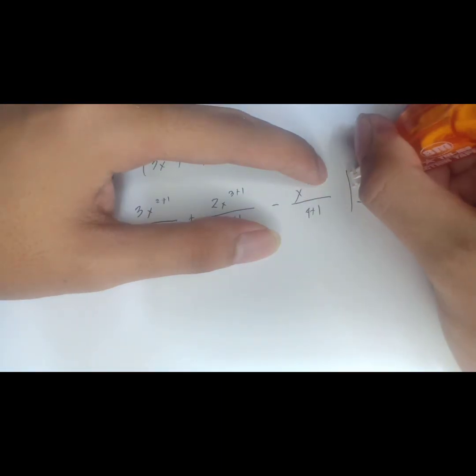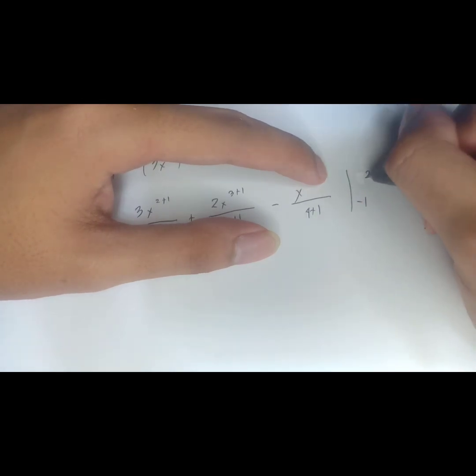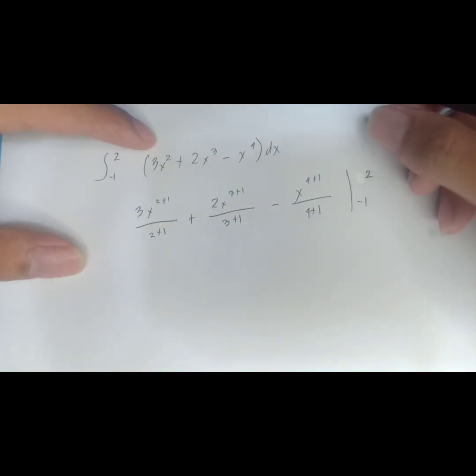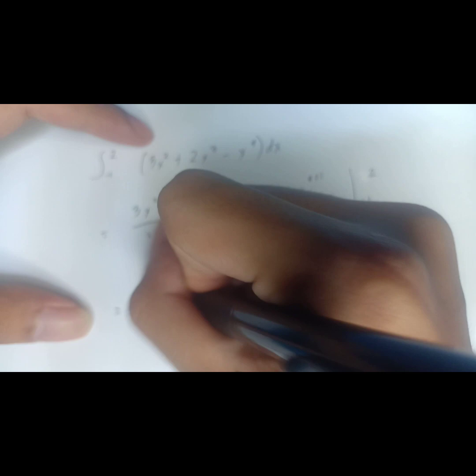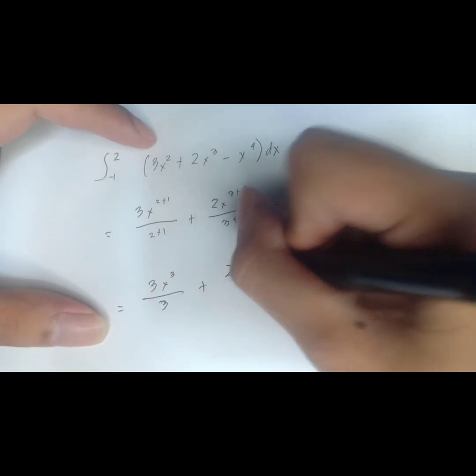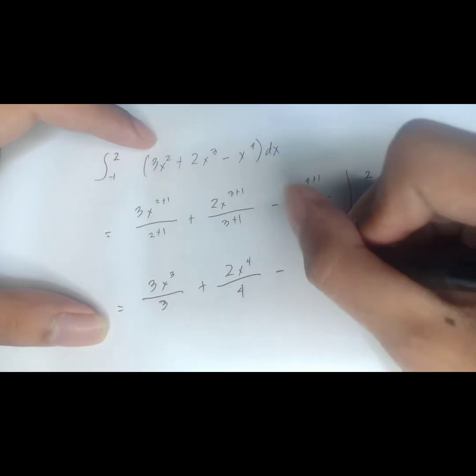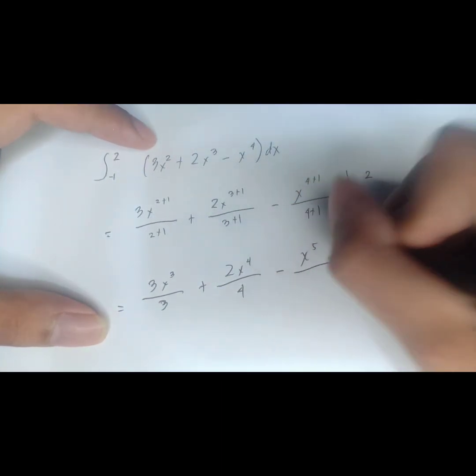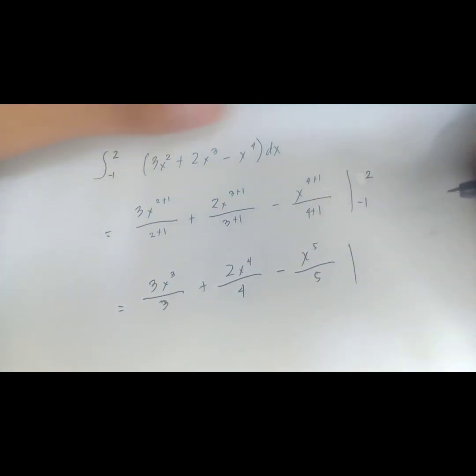This should be +2. So we'll just need to simplify first. So 3x cubed over 3 plus 2x to the fourth over 4 minus x to the fifth over 5, evaluated.